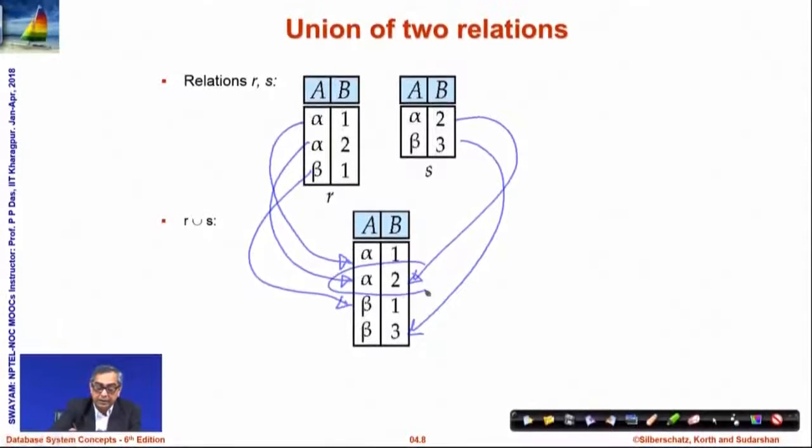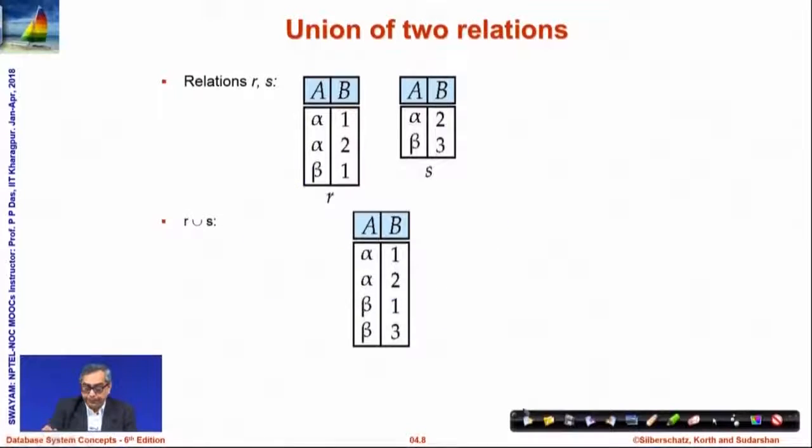You can see that this record alpha 2 exists in both the relations, and by the set theoretic notion of uniqueness, in the union they have to be uniquified. So, one of them will be removed. It does not matter because they are identical anyway. So, for relations having the same set of attributes, we can simply make a union of all their records.